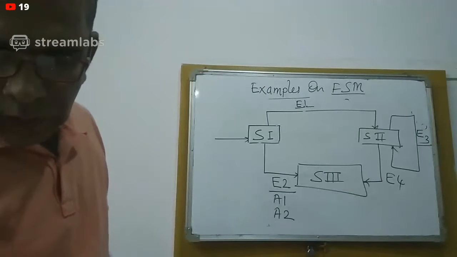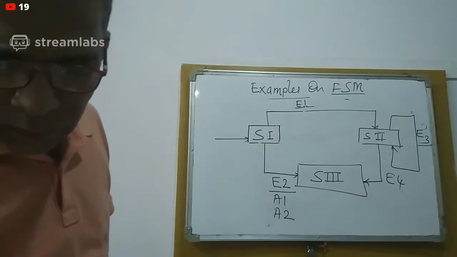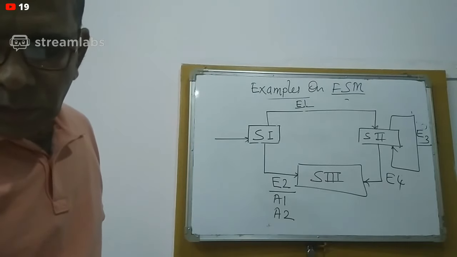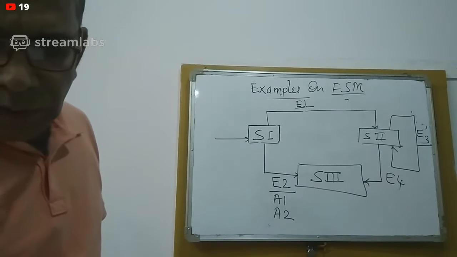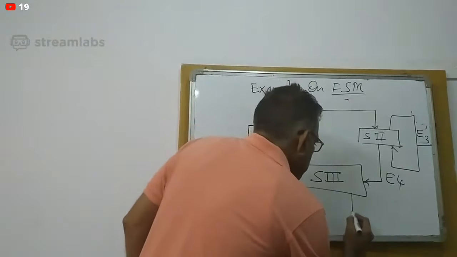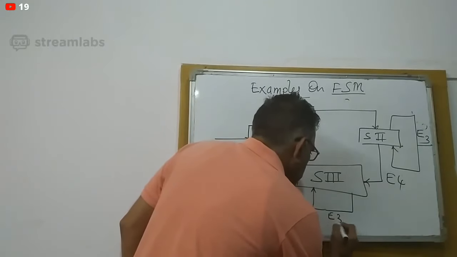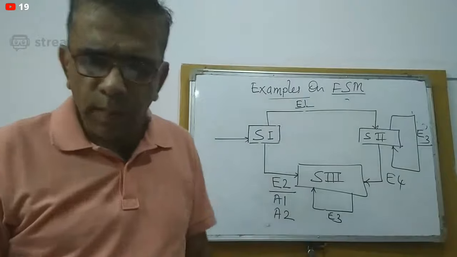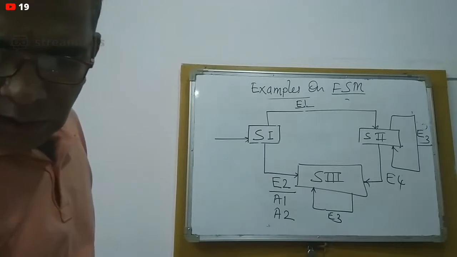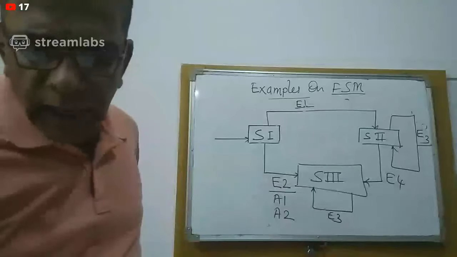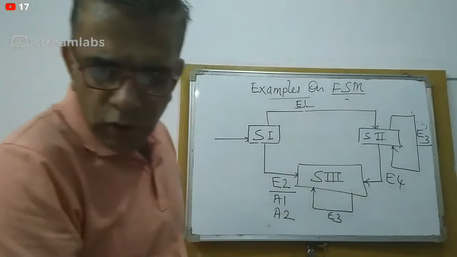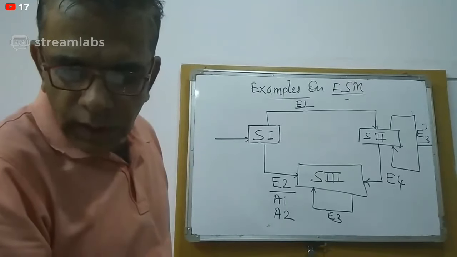And one more thing: if the machine is in state 3, 3 events can occur. If event 3 occurs, the machine remains in state 3 without performing any action. If event 2 occurs, the machine performs actions 1, 2, 4 and 5, and moves to state 2.